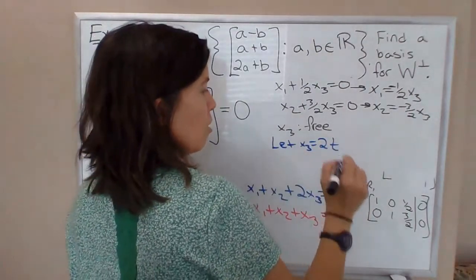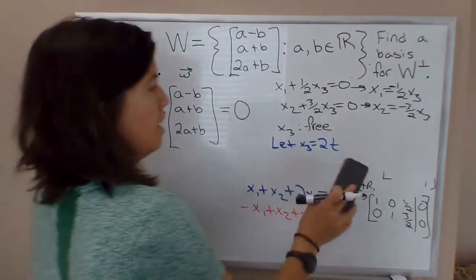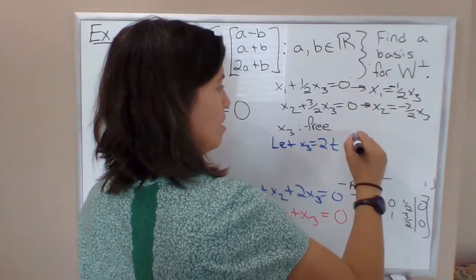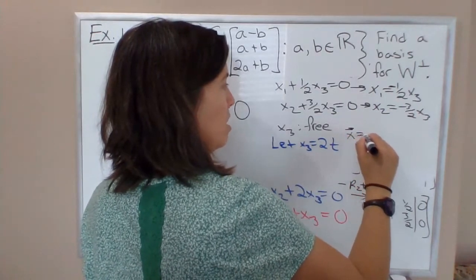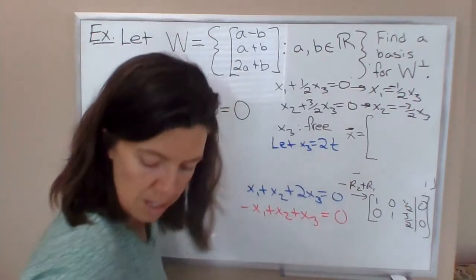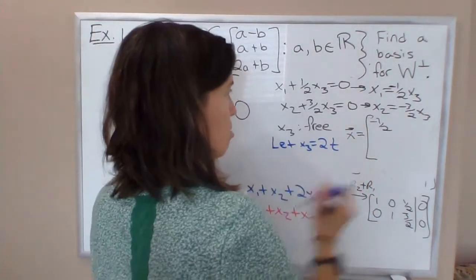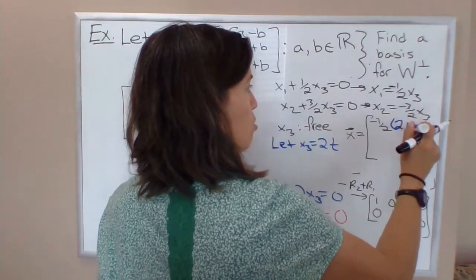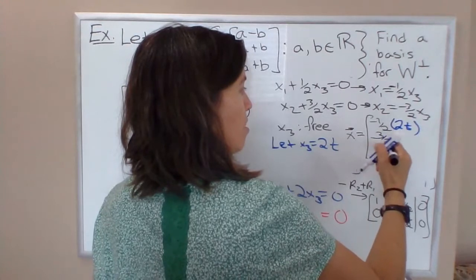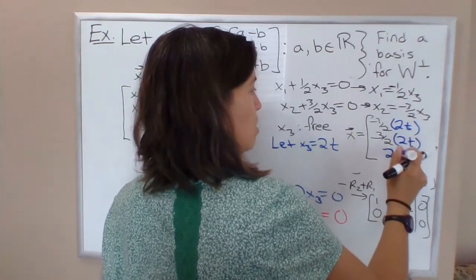I'm going to use this, though. So if I set it up that way, then my vector x would equal negative 1/2 times x3, which we're letting equal 2t, and then negative 3/2 times x3, which again is 2t, and then x3 equals 2t.